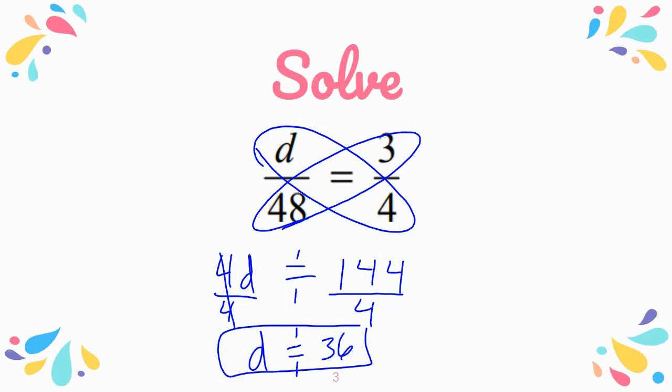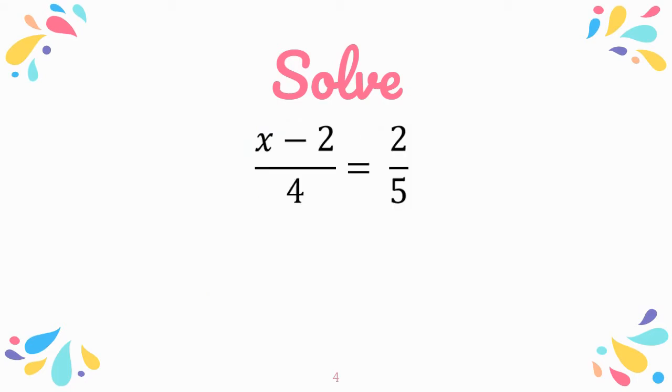So let's move into something that's a little bit more complicated. Let's take a look at this one. Notice this one has an expression up here in the numerator. That's okay. I'm going to show you what we need to do here. We'll start by cross multiplying with 5 times x minus 2.